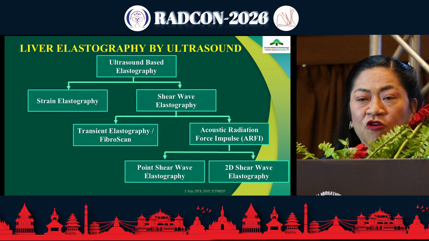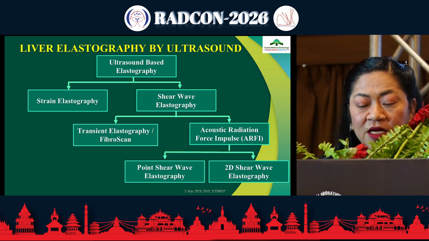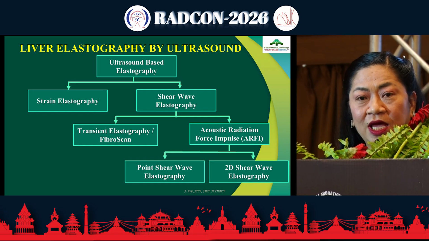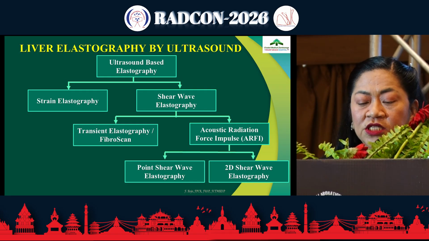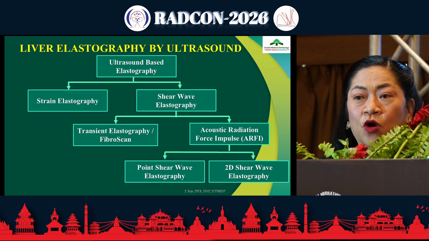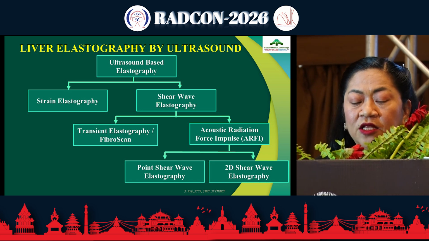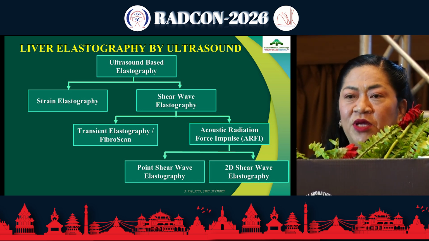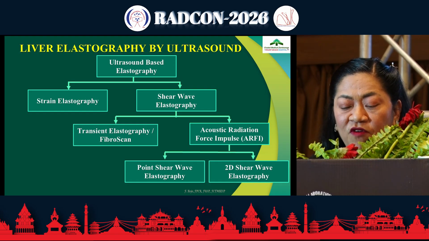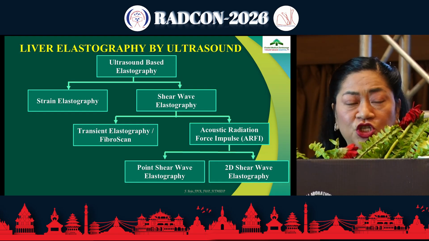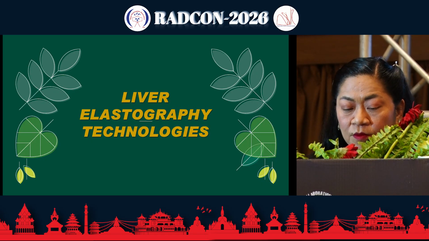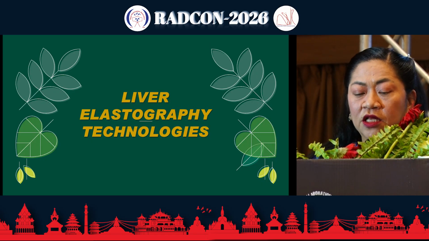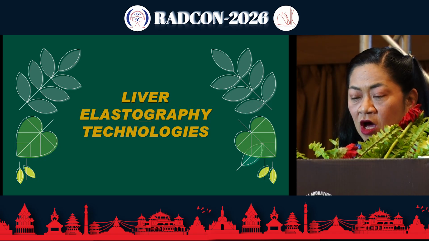Shear wave elastography can be divided into transient elastography or FibroScan and acoustic radiation force impulse or ARFI. And ARFI by itself can be divided into point shear wave elastography and 2D shear wave elastography. So there are liver elastography technologies.